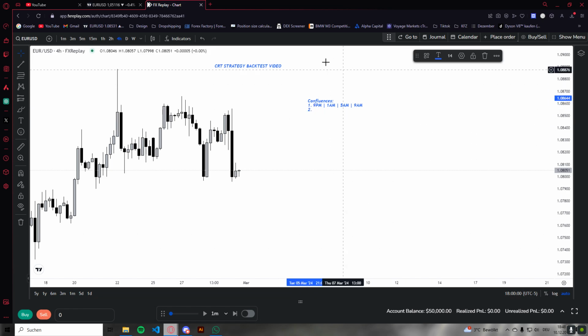So after we mark out the highs and lows, we want to see a sweep of either the low or the high, but the most important part is inside a PD array.